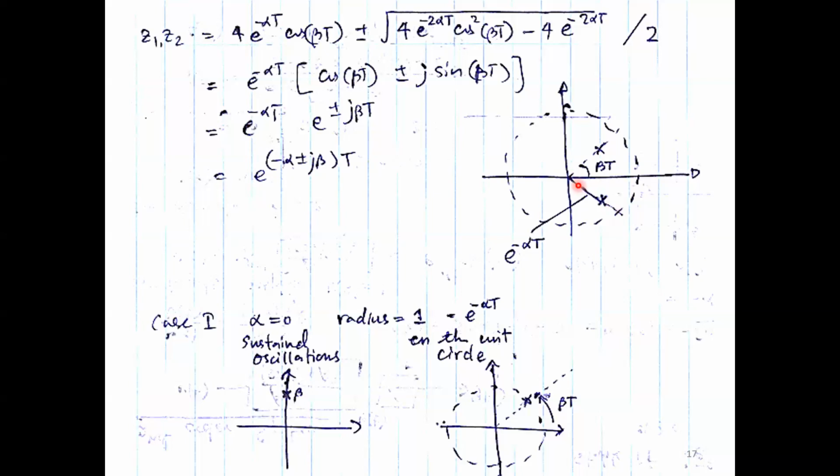But more than that, you can see the angle over here, j beta t. So beta t is the angle. So what is this angle? This is the sampling angle. And you can see the t here. If you have a very long t, a big value for t, this angle is big.